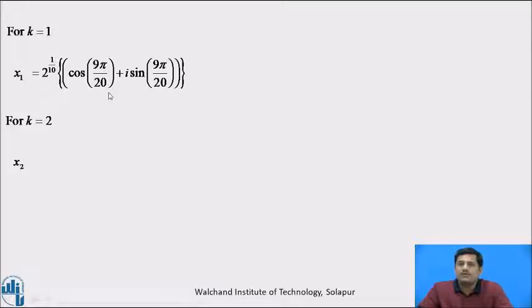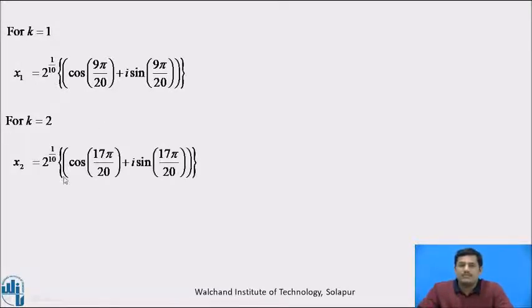Now for k equal to 2, we get the next root and denote it by x2. If I put k equal to 2 in 8k plus 1, it will be 17. We write it as 2 to the power 1 by 10 into the bracket cos of 17 pi by 20 plus i sin of 17 pi by 20. Now putting k equal to 3, we get the next root and denote it as x3.